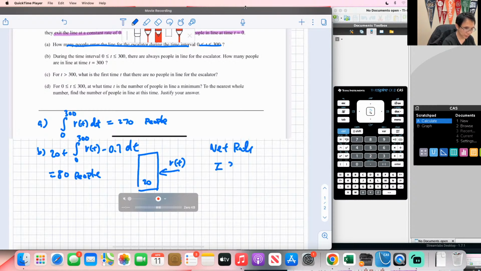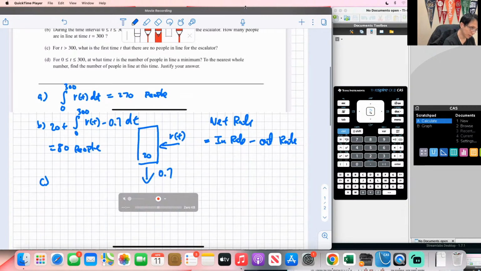So net rate is in rate minus out rate. For C, they ask what is the first time when there's nobody in the line? What happened at 300 seconds? There were 80 people, right? So it's 300 seconds, plus 80 divided by 0.7.